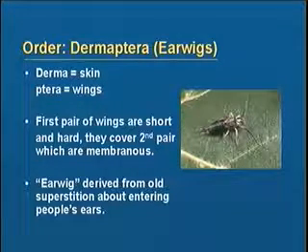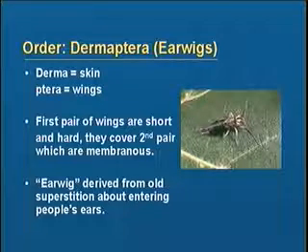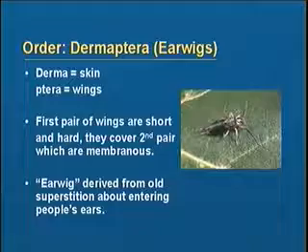Dermapterans are so named because the first pair of wings, of the two pair, are short and hard, and they cover the second, which are membranous. I don't know if you can see that, but this pair of wings is short and hard. Earwig is derived from an old superstition about them entering people's ears. I don't know where that comes from, but it's a midwives' tale or something.